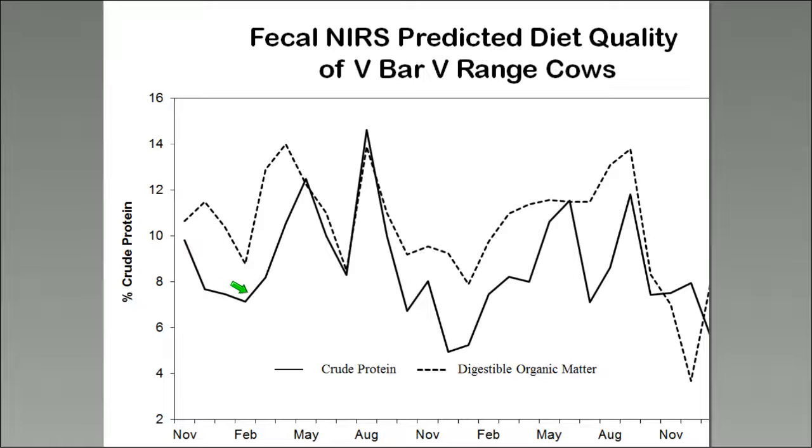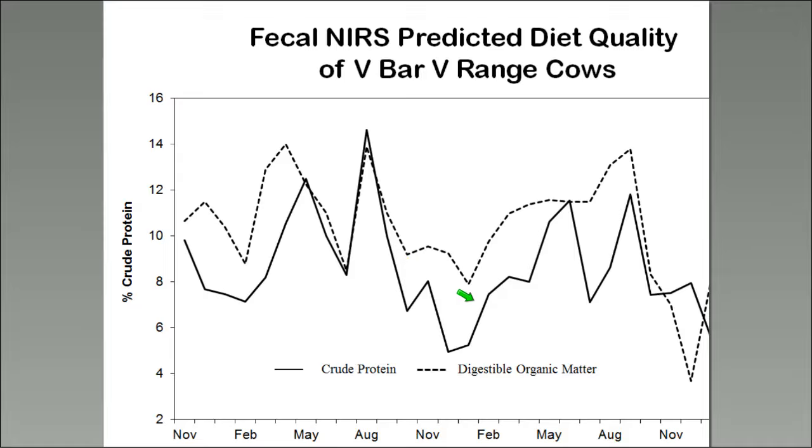So our early year winter samples, low in protein, solid line, digestibility in the dotted line, both picked up in the spring, dropped off in the early summer, picked up in the monsoon, dropped off in the winter again.